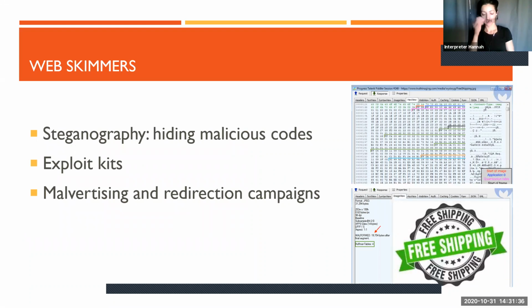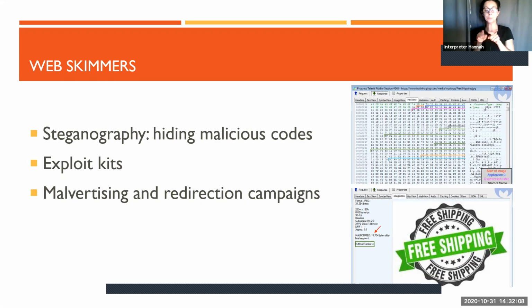And we do see a lot of web skimmers. Steganography is a way that people can hide code inside different types of file or data. It can be used either way. We can use it to prevent the user from accessing certain things, or the attacker can use this to hide malicious code. They can embed it into images like what we talked about last time.